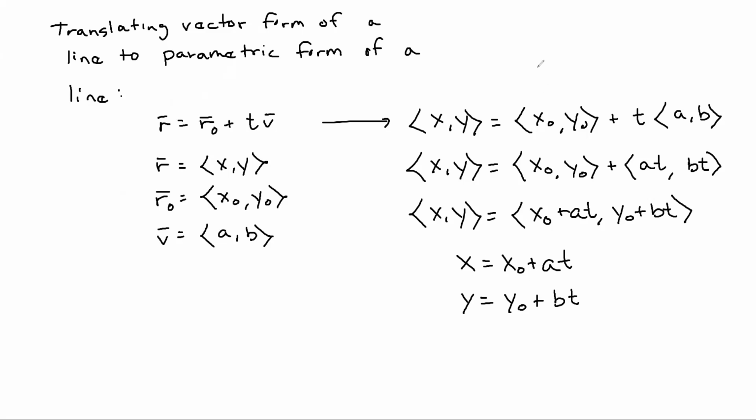And this equation here is called the parametric form of a line.